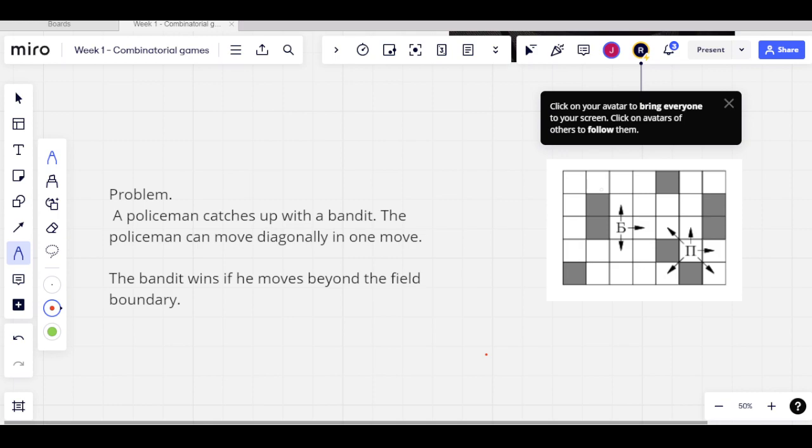So the first question: who will win if the policeman moves first? The policeman will win. But if he is located at this point, for example, the policeman will lose.